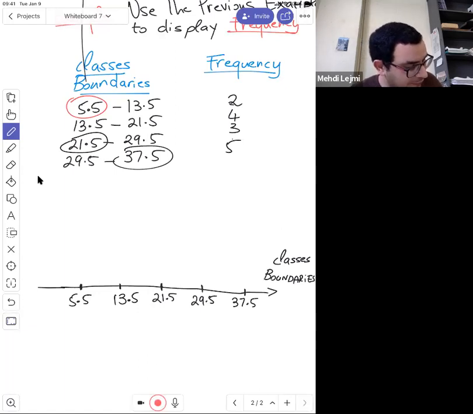Now on the vertical axis, I'm going to have a vertical line. This vertical line is supposed to represent the frequency.